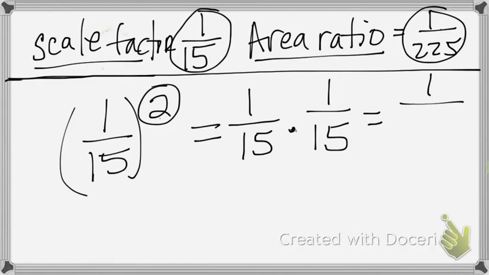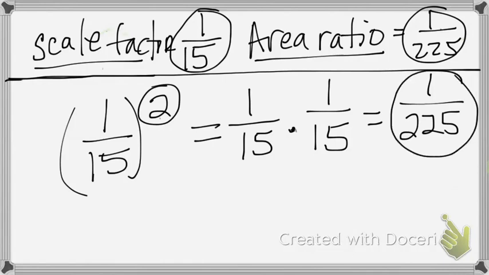And yes, indeed, if you multiply 15 times 15, you get 225. So, yes, this relationship does indeed hold. Our basketball court relationship is similar to the others in that scale factor squared equals the area ratio.